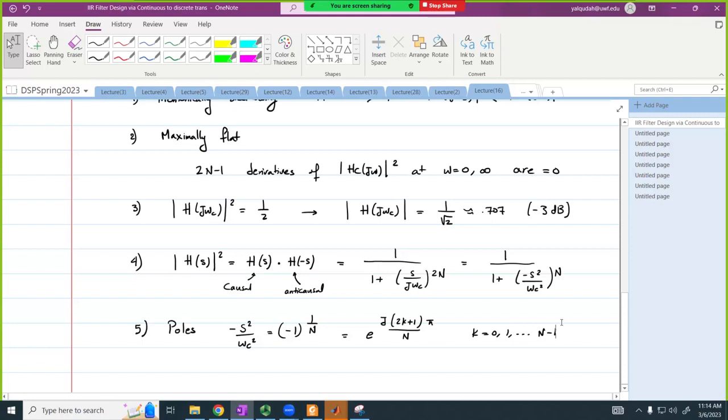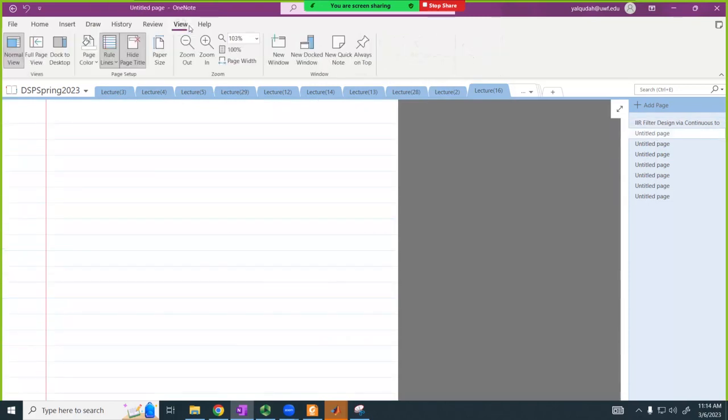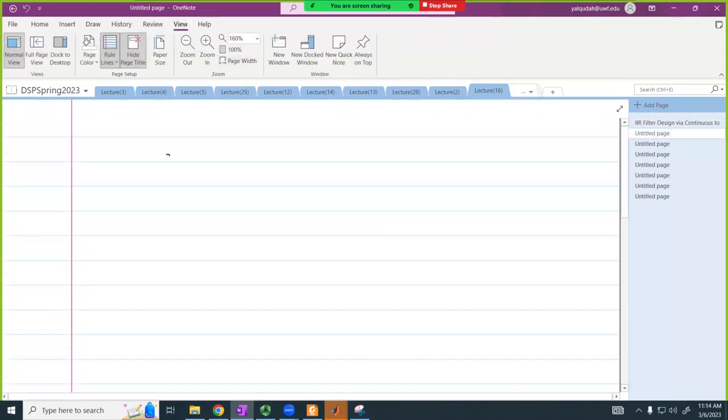And therefore, we can find the poles of the system. The poles are given by sk equal to ωc multiplied by e to the jπ over 2 multiplied by e to the j(2k+1)π divided by 2n, where k equals 0, 1, all the way to 2n minus 1.